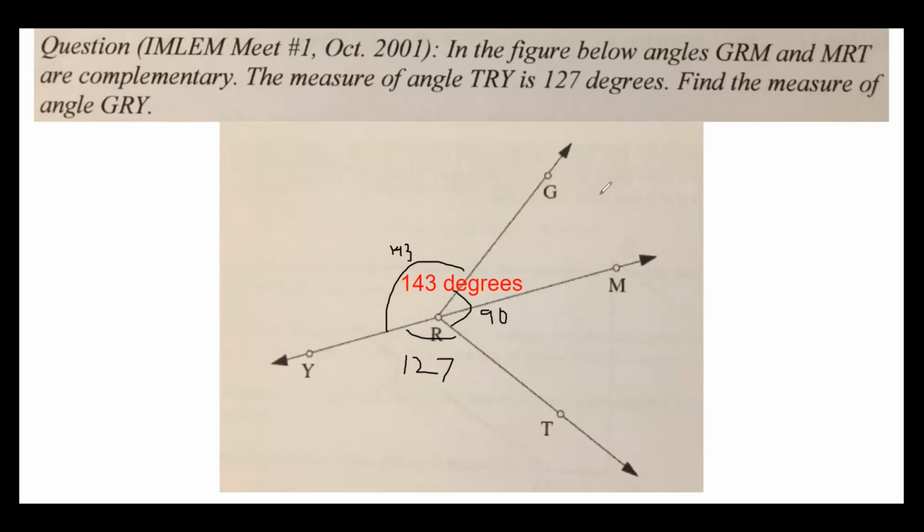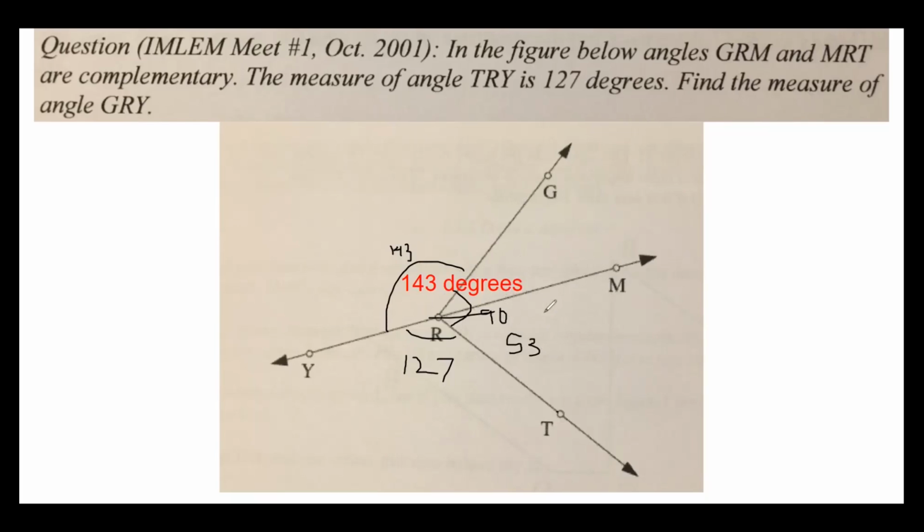Another way you could have done it is by using supplementary angles with TRY and TRM. Since TRY is 127, TRM is 180 minus 127, which is 53. And then 53 and this other angle, GRM, must be complementary, so they add up to 90.